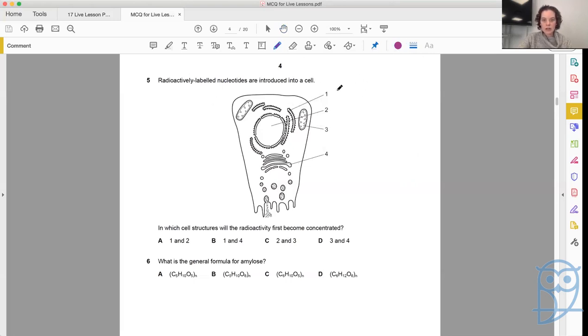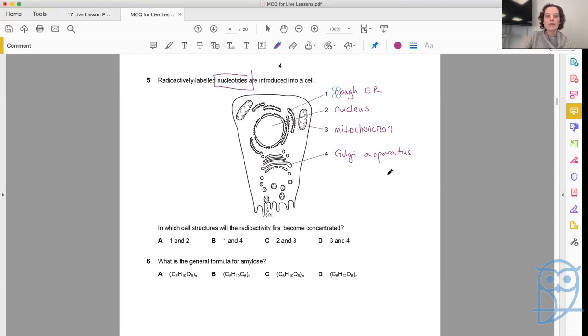So 1, lines with dots, we have rough ER. 2, great big circular thing surrounded by rough ER, that will be our nucleus. 3 is a mitochondrion. It's only one of them that is labeled, so it's a mitochondrion for 3. And 4, the one that looks a bit like a Wi-Fi symbol, there's our Golgi apparatus.